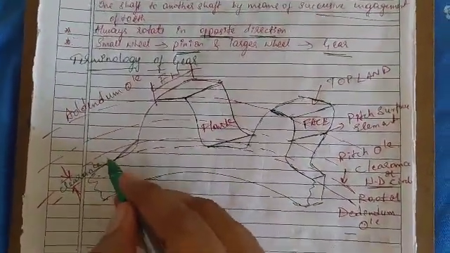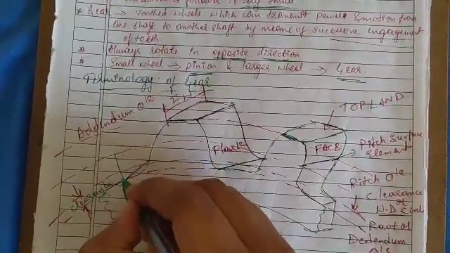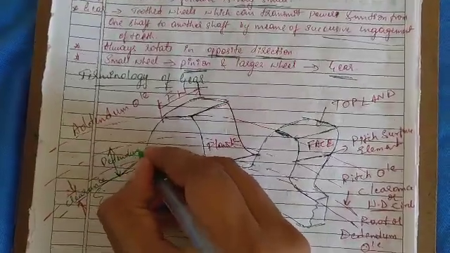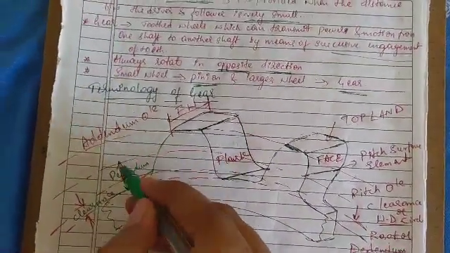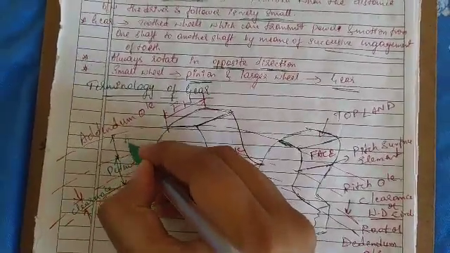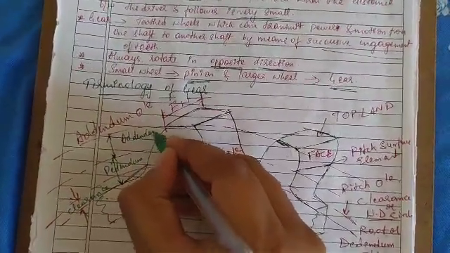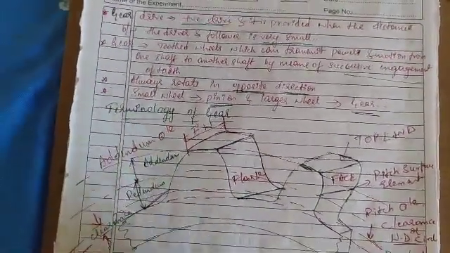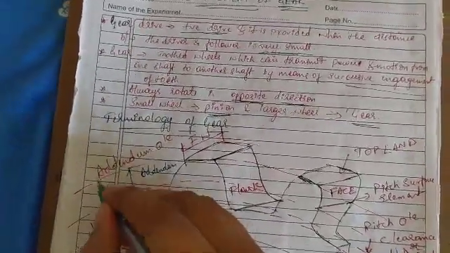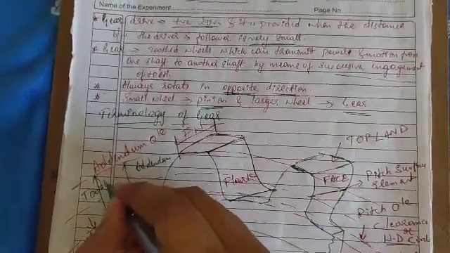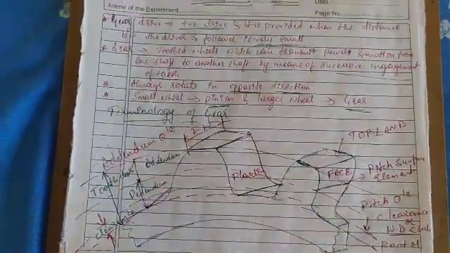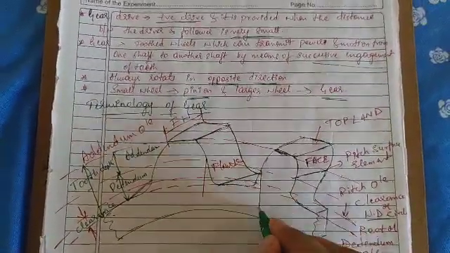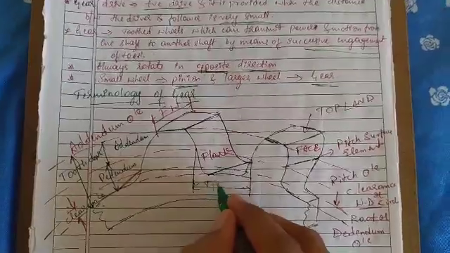The distance from the dedendum circle to the pitch circle we call the dedendum. From the addendum circle to the pitch circle we call the addendum. The overall, from here to here, we call the tooth depth. From here to here is the tooth space.